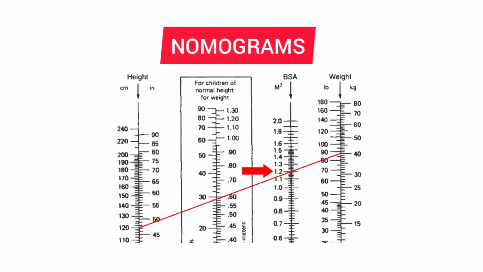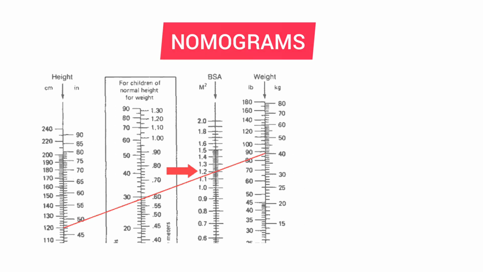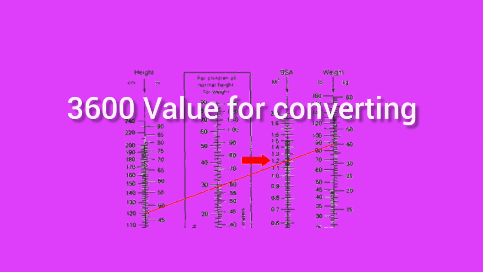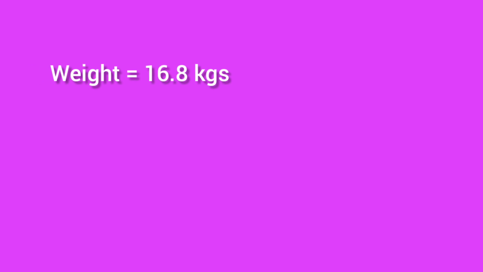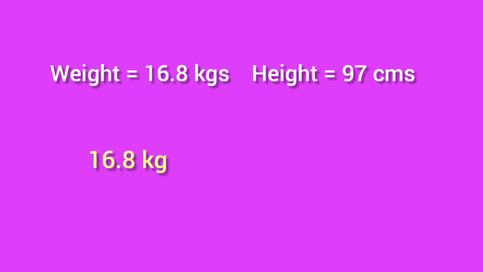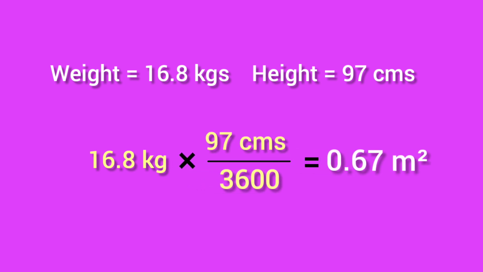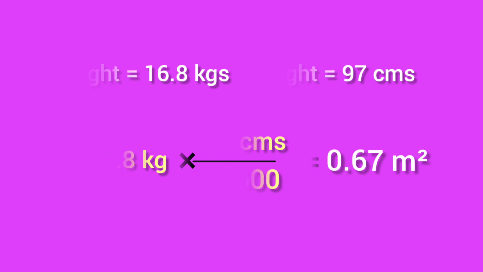According to the nomogram data, we have to use the 3600 value for converting a 16.8 kg girl who has a height of 97 centimeters. So the calculation is as follows. 16.8 kg into 97 centimeters divided by 3600, which gives 0.67 meters square.